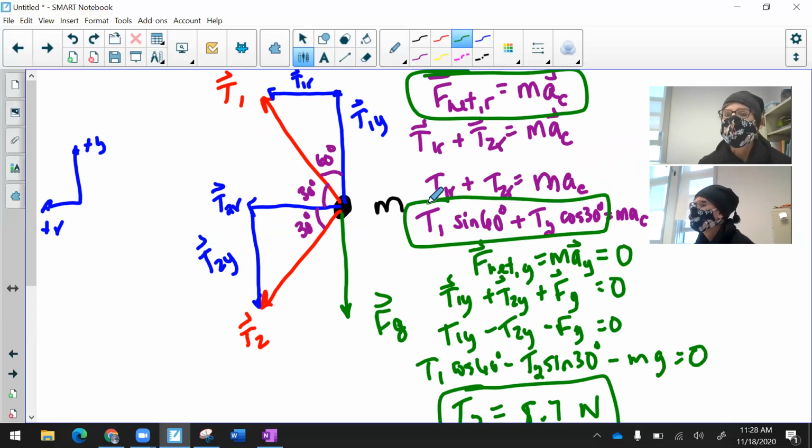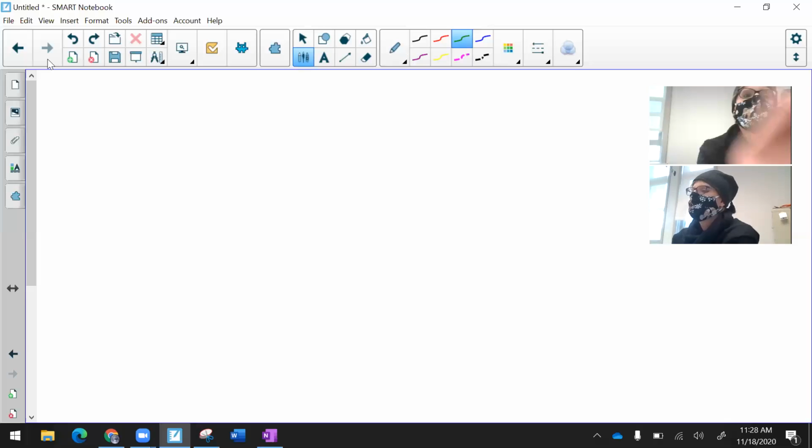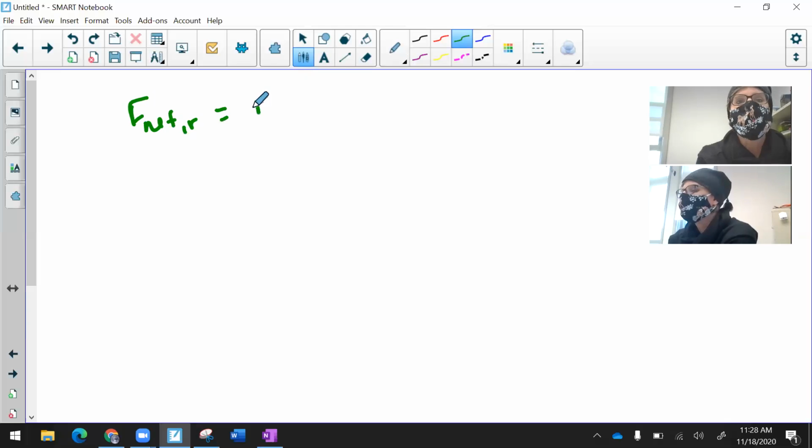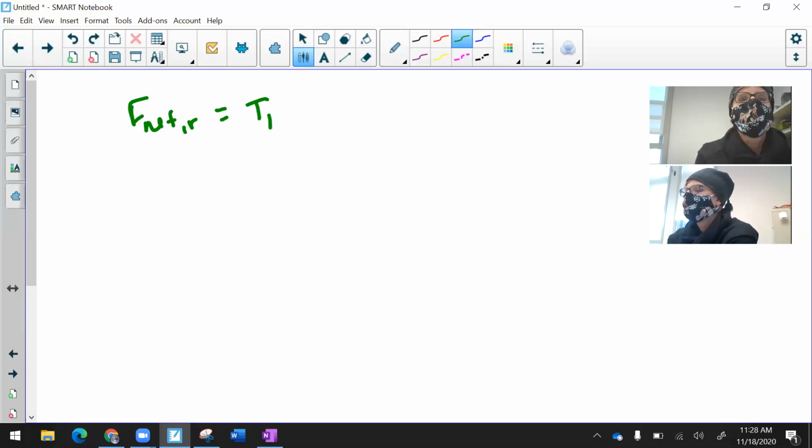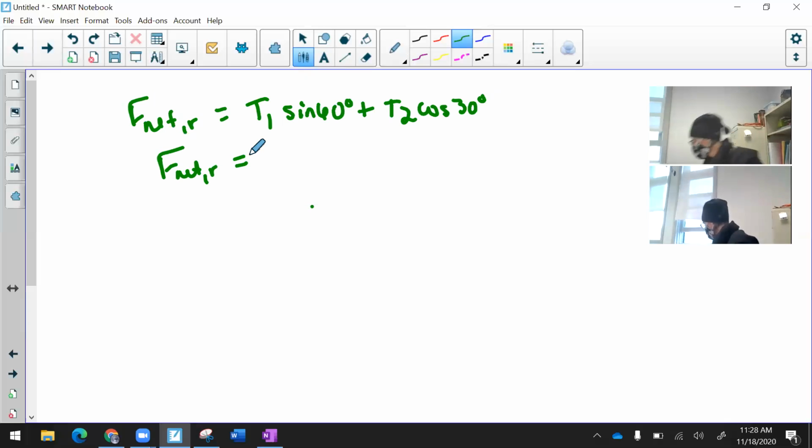F net R is equal to T1 sine 60 plus T2 cosine 30. So I'm just going to write that on the next page, but you don't have to. You can just figure that out. T1. So what's F net R going to be equal to?